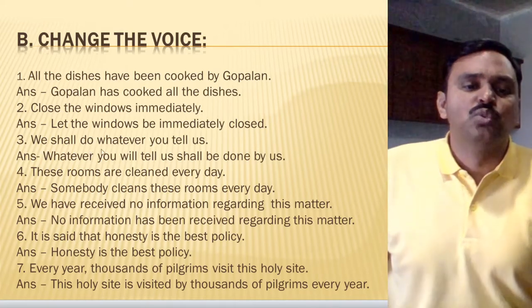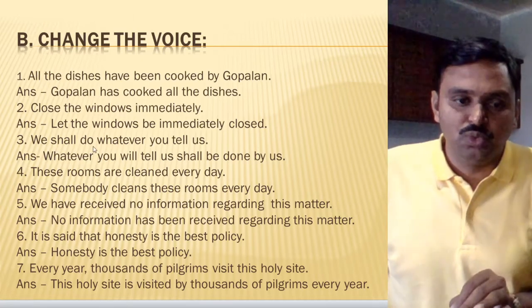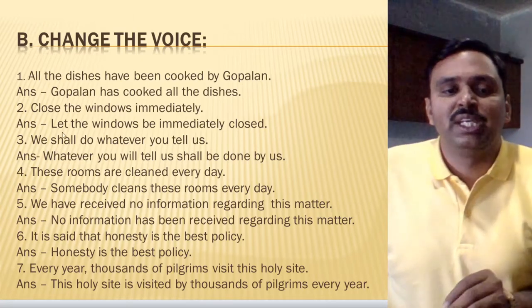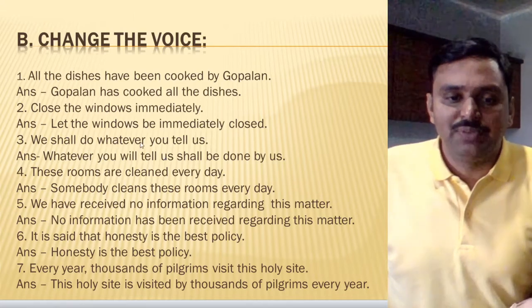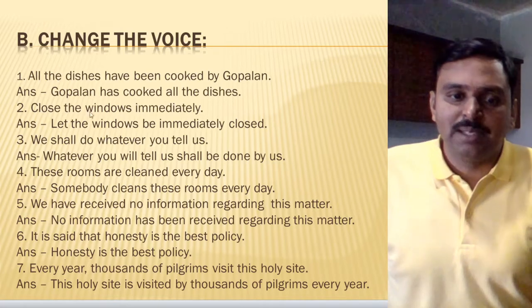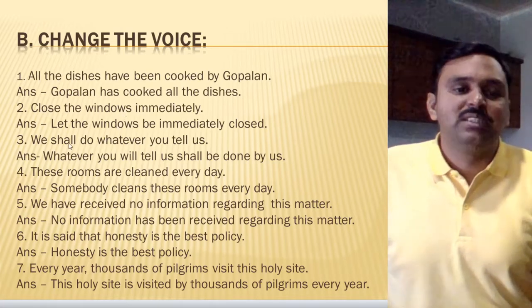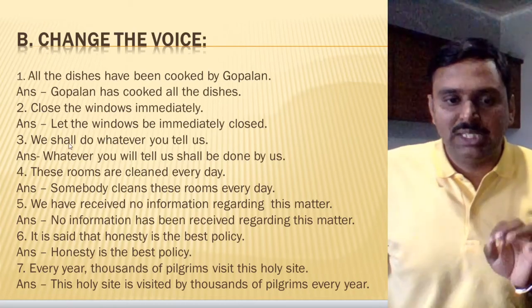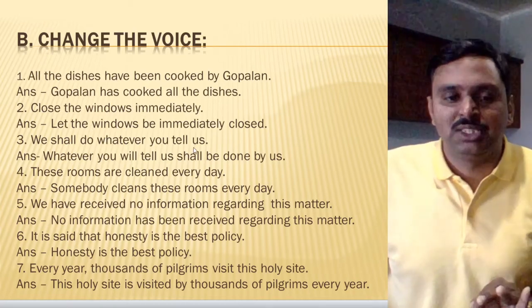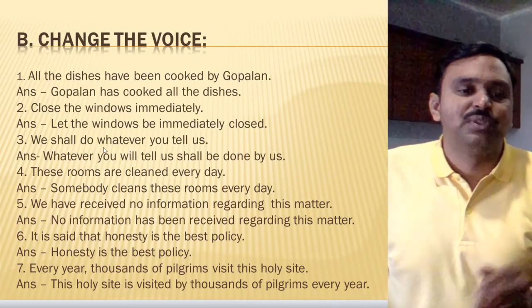We shall do whatever you tell us. We shall do. So here the subject is working on the verb, definitely an example of active voice. Alright. Example number 2 was active voice and the answer is in passive voice. Number 3 is again active voice: we shall do whatever you tell us. So when you change into passive voice, take the object as the subject first.